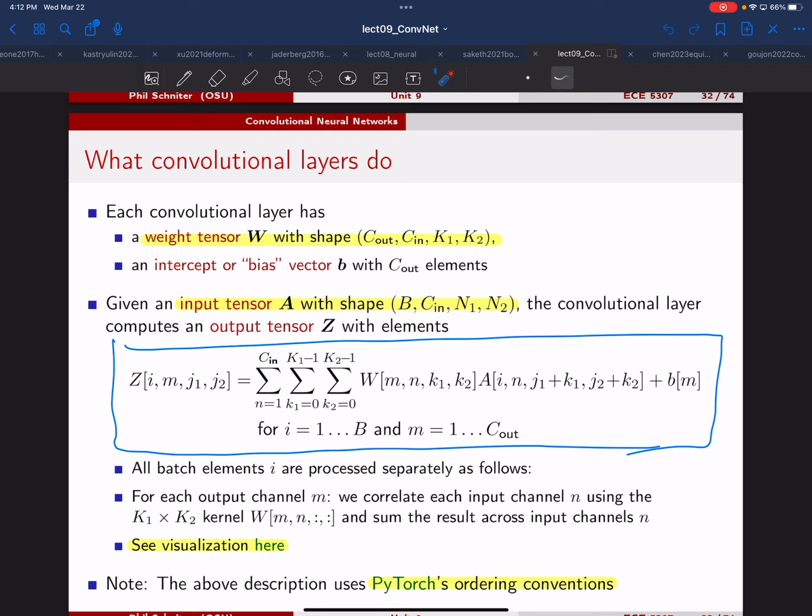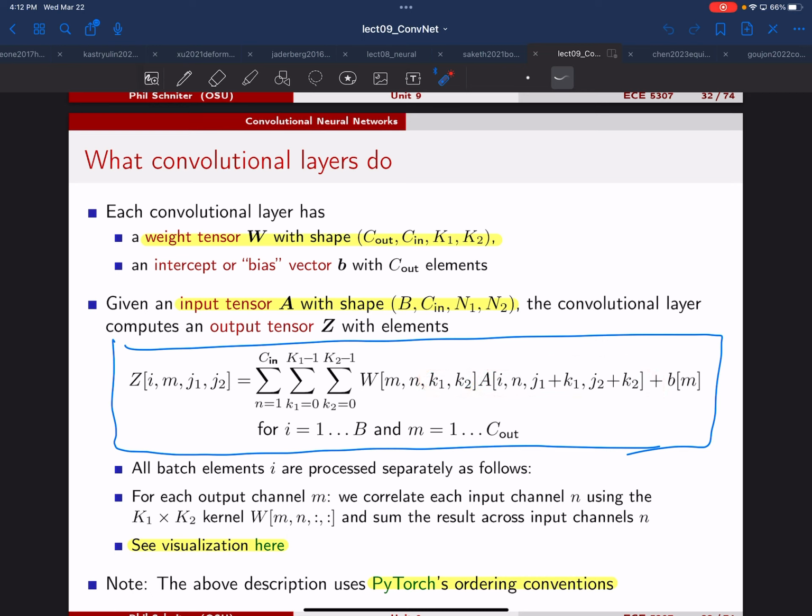And the way that I like to think about it is if we focus on a fixed output channel M and a fixed input channel N, then the only thing left that's really happening here is we have a convolution of W over these spatial indices with this image here.